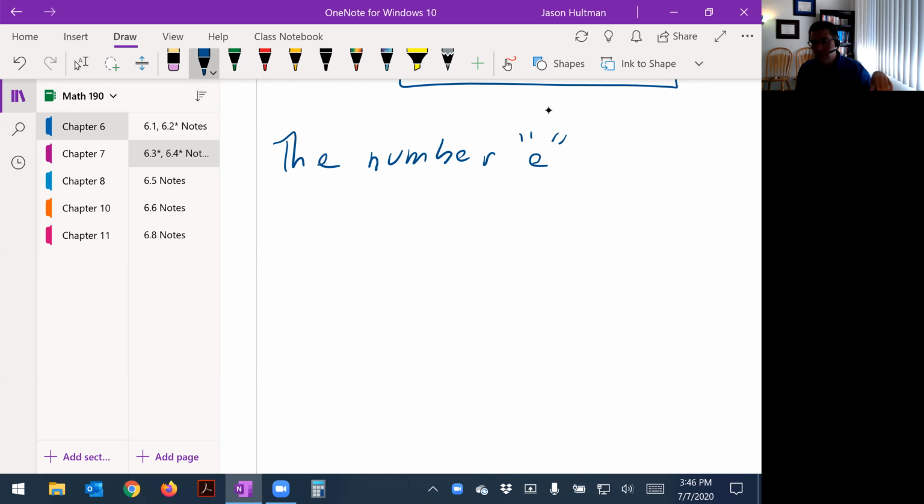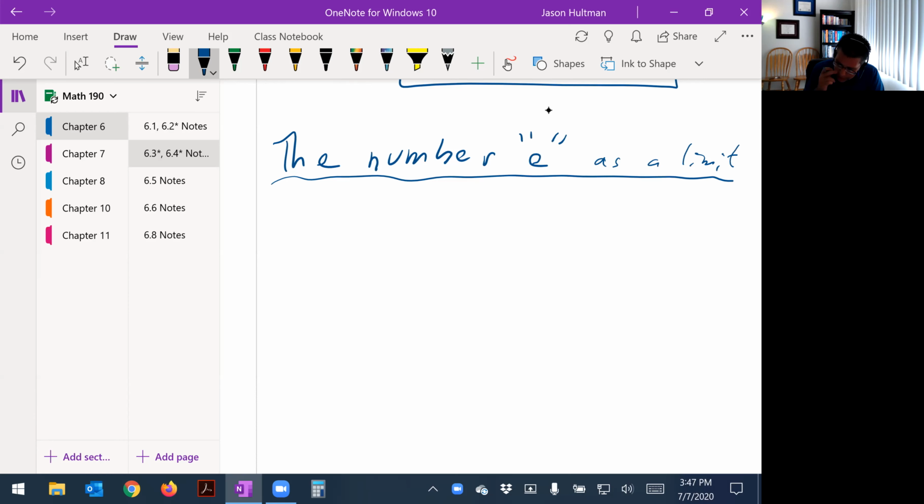Euler was a famous mathematician who came after Newton by a few years, maybe 30. Let's look at the number e as a limit, the natural exponent as a limit.